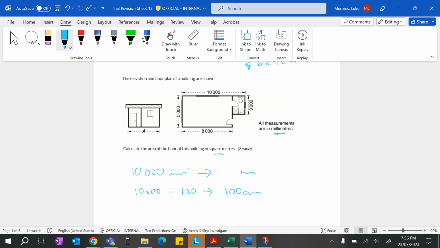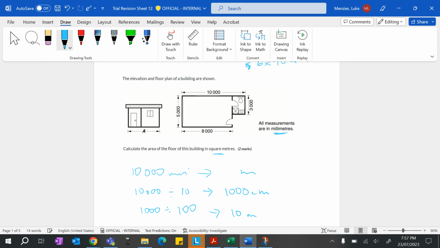Okay, and then we want to divide by 100 to get to meters, and that takes us to 10 meters.